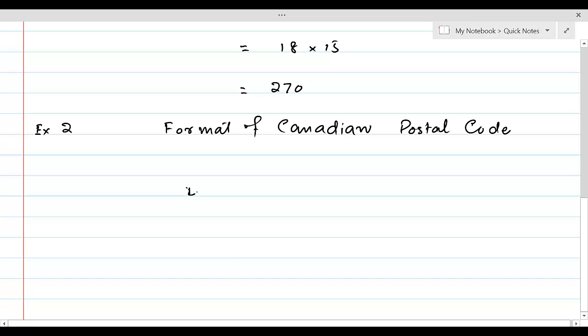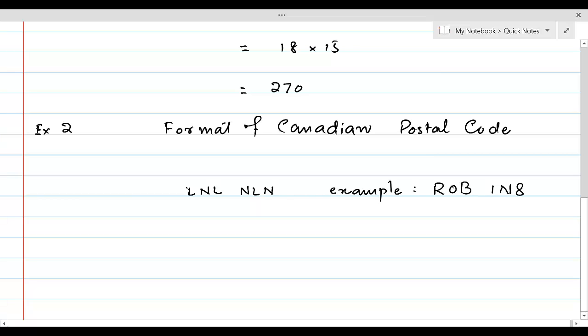Let's write L for letter and N for a number. N, L for letter, and usually there is a space given, and then number, letter, and then number. An example would be R0, B1, N8. That is just an example.